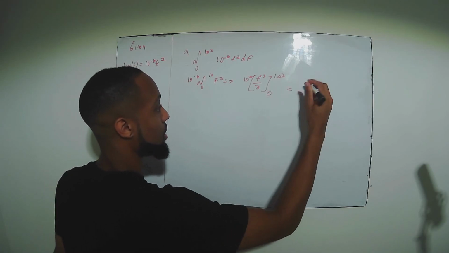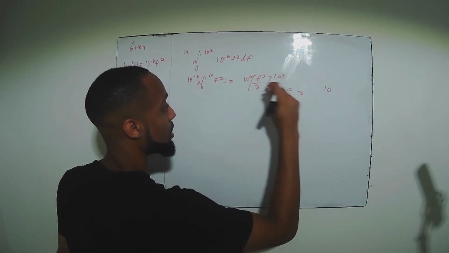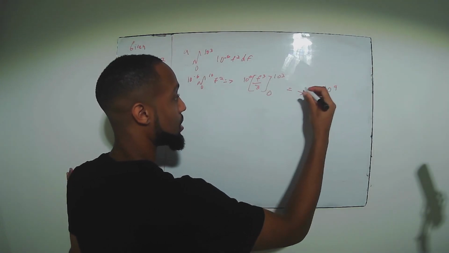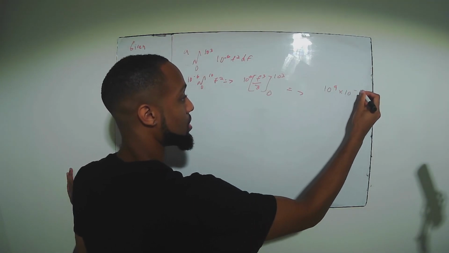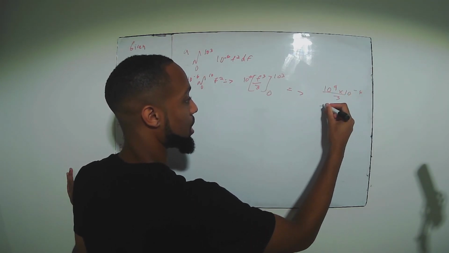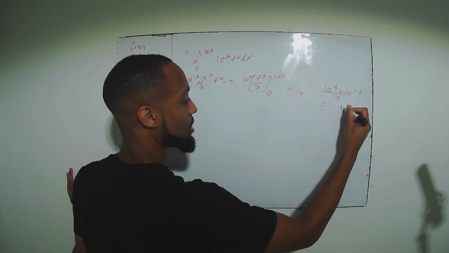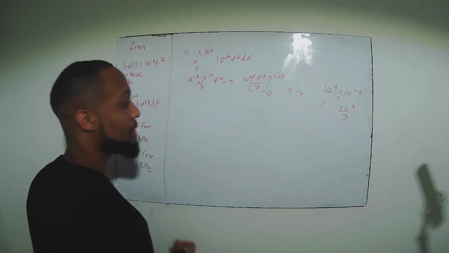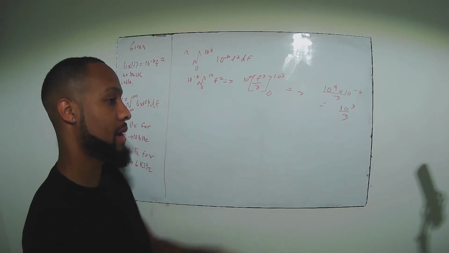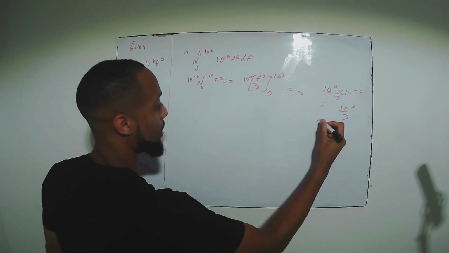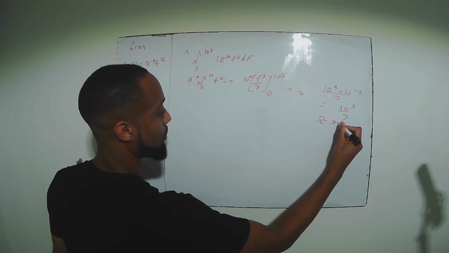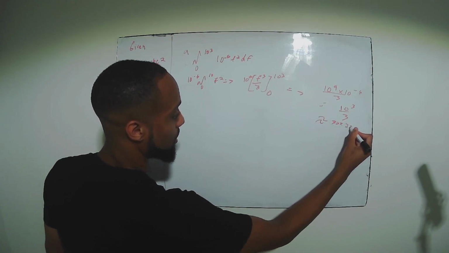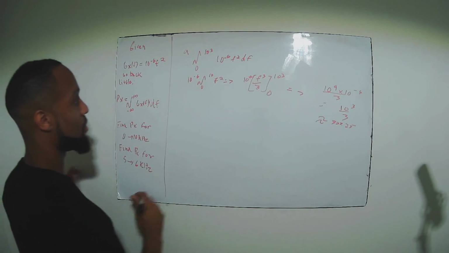And so what you end up with is 10 to the 3 times 3 is 9th, times 10 to the minus 6, divided by 3. That's going to be 10 to the third divided by 3, which is 1,000 divided by 3, approximately 333.33 repeating. So that's the average normalized power.